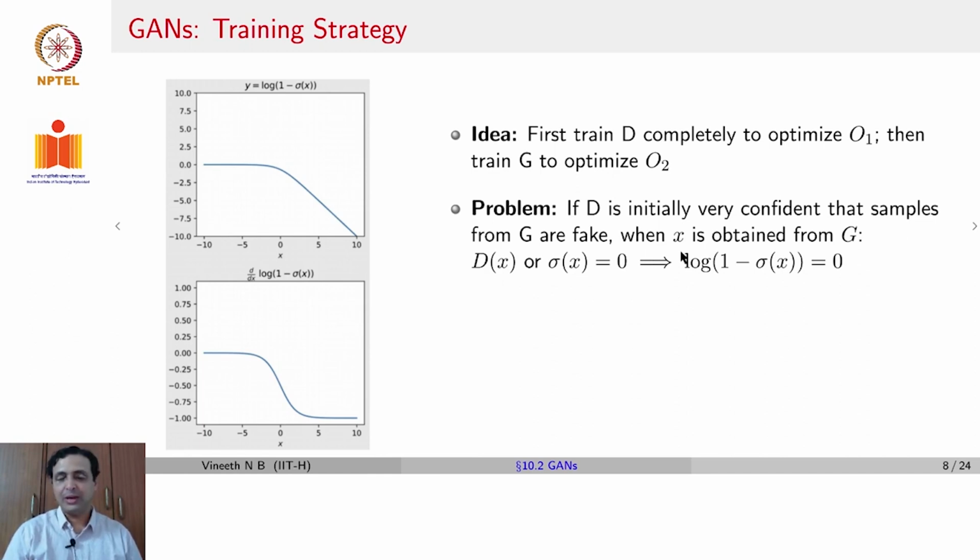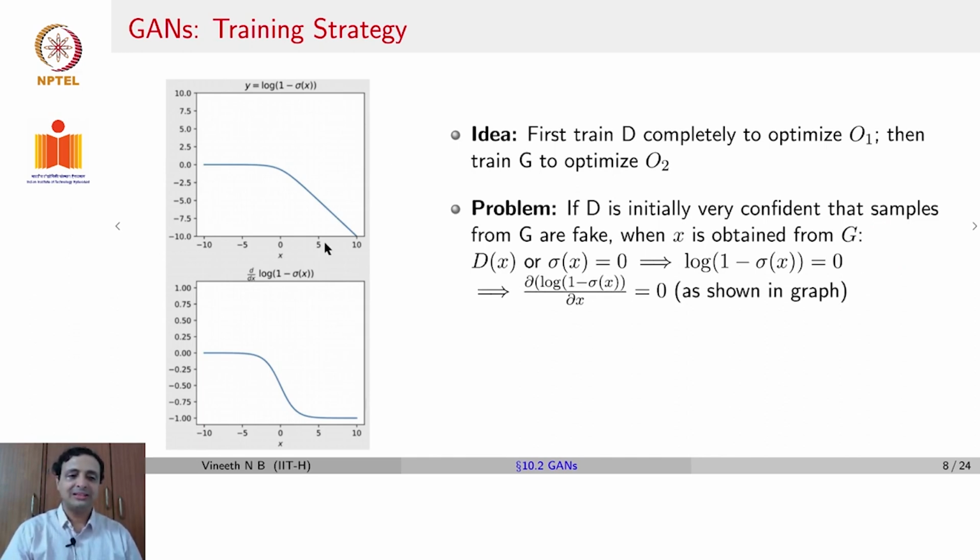So if you get an X that's obtained from G, corresponding to the distribution PG, then D of X, or sigma of X, which is the sigmoid activation function in D, would be equal to 0, which means log of 1 minus D of G of X, in this case log of 1 minus sigmoid of X, would be equal to 0.